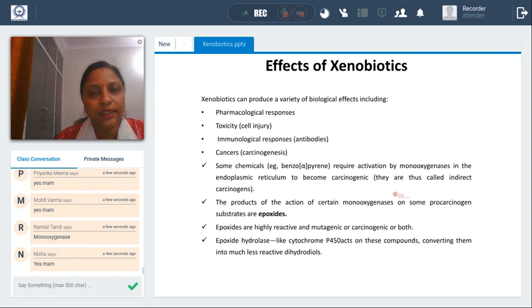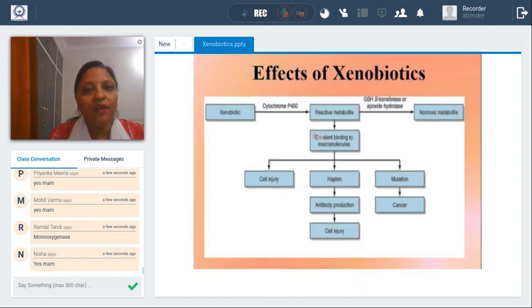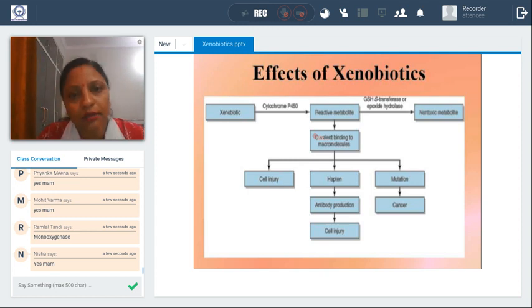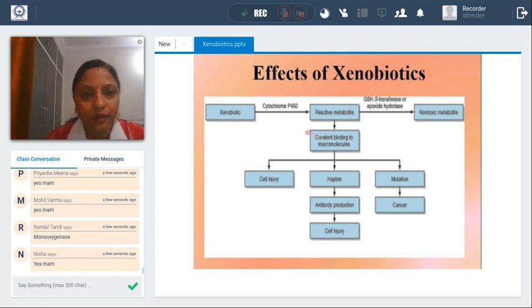You can see here the overall effects of xenobiotics. These xenobiotics are foreign compounds.